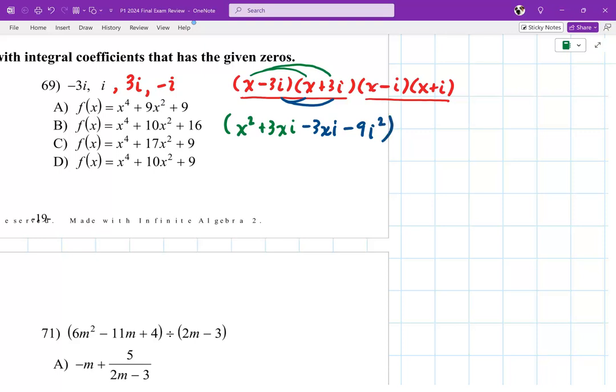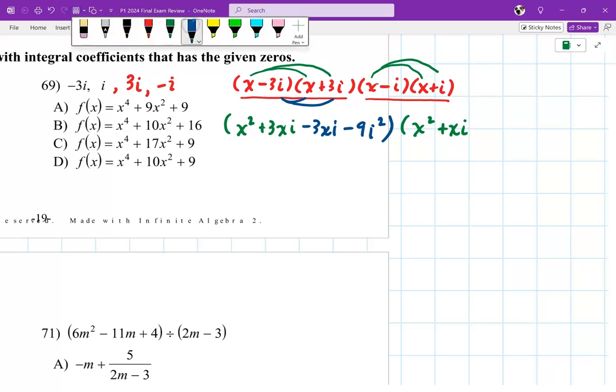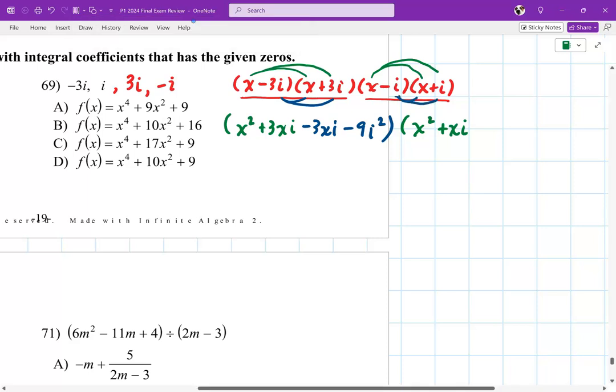All right, so that's the first one. And then I'm also going to do the next one. So let me go back to green here. x times x, x times i. So that's x squared plus xi. Okay, and then we'll do the other multiplication here with the blue. So that's going to be negative xi minus i squared.